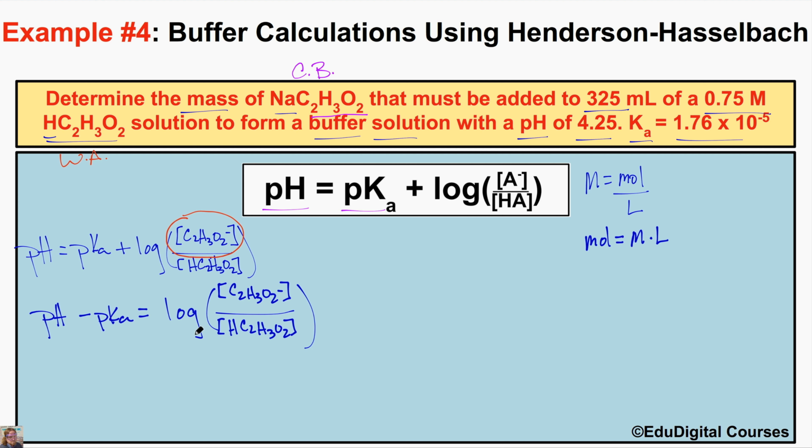So how do we get rid of this log? Well, this is a base 10 log, and so what we can do is we can take 10 to the pH minus pKa, and if we take 10 to this right here, we're going to end up with simply the concentration of C2H3O2- all over the concentration of our acid, HC2H3O2.